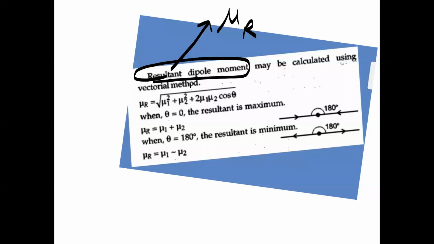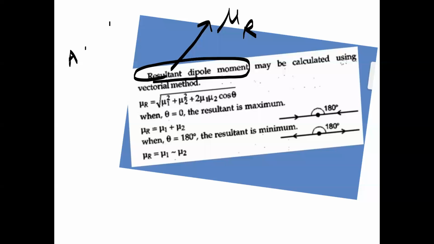Mu r can be calculated as mu r equals under root mu1 square plus mu2 square plus 2 mu1 mu2 cos theta. Here theta is the angle between the AB bond and the AC bond.